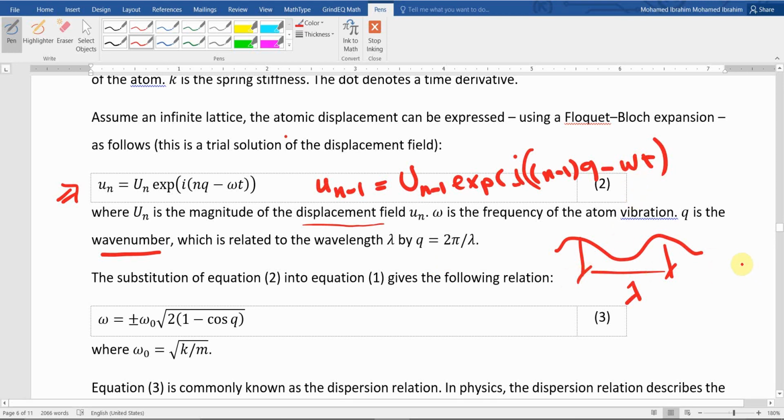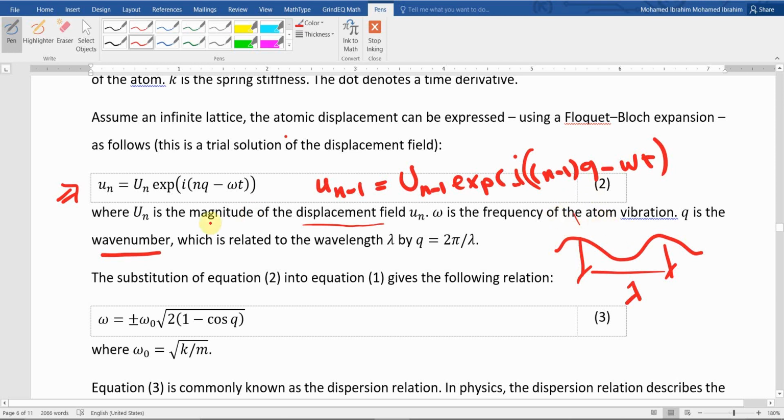How is this wave going to spread or pass through the lattice? If we are subjecting this lattice to some wave with a wavelength lambda, which is related to the wave number q, what is the frequency of the vibration of the atoms inside the lattice upon these incident waves?